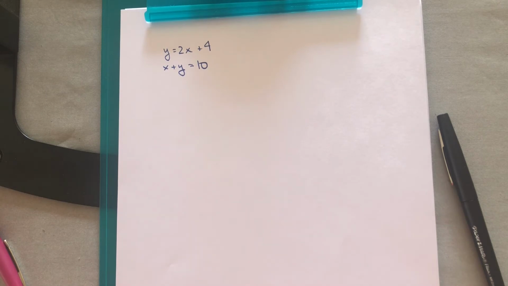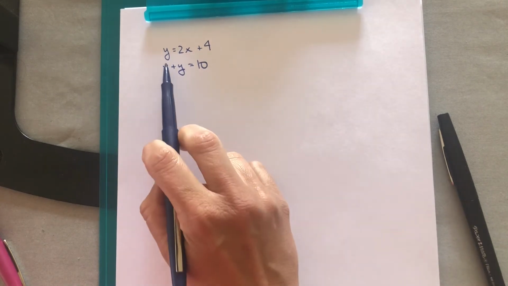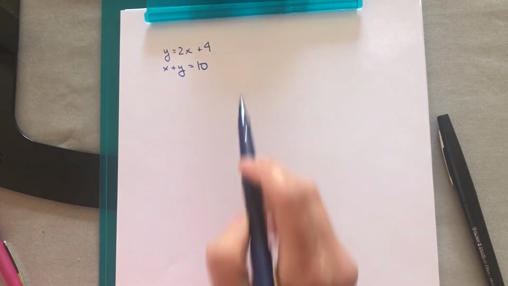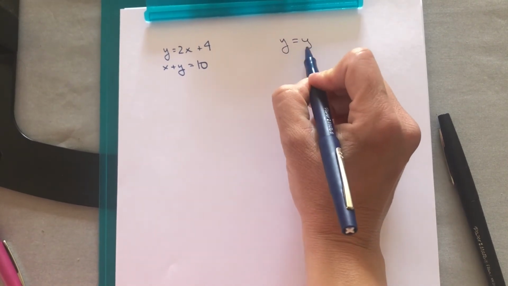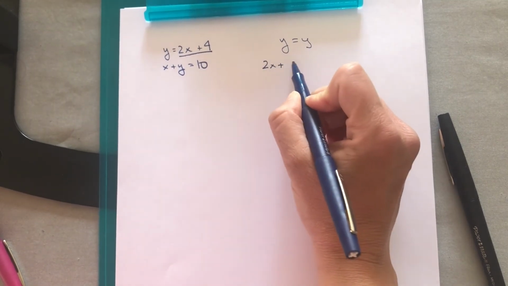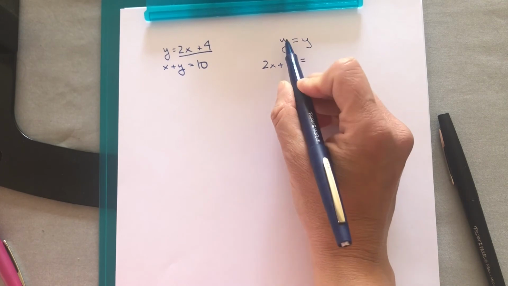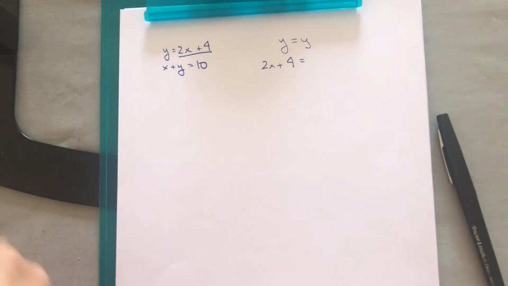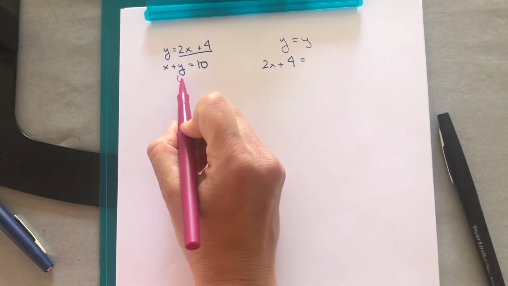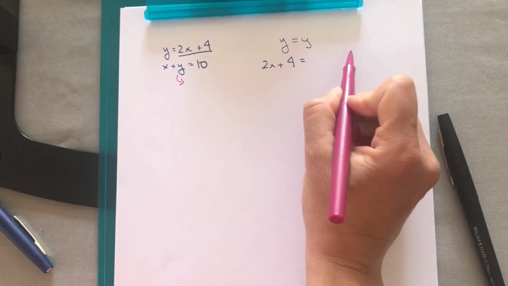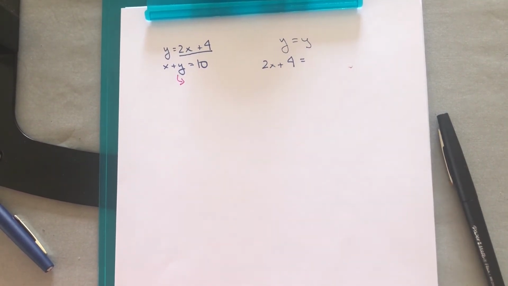Now let's say we have a situation where we have one equation that's in slope-intercept form and one that is not. So if I want to set y equal to y, I know that this equation, y is equal to 2x plus 4, so I can replace y with 2x plus 4. On the other side, however, I need to do a little bit of rearranging so that this equation is set equal to y, so I can replace the y here with the expression with x.